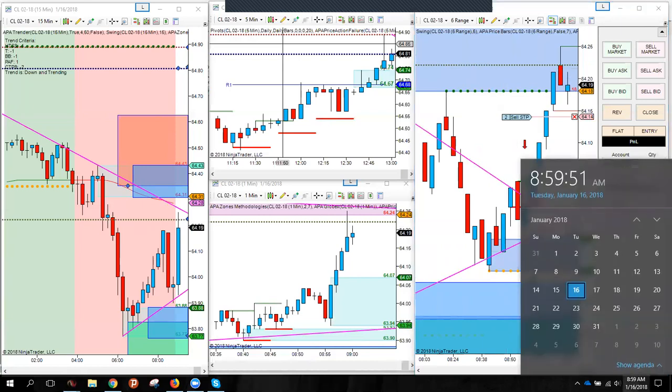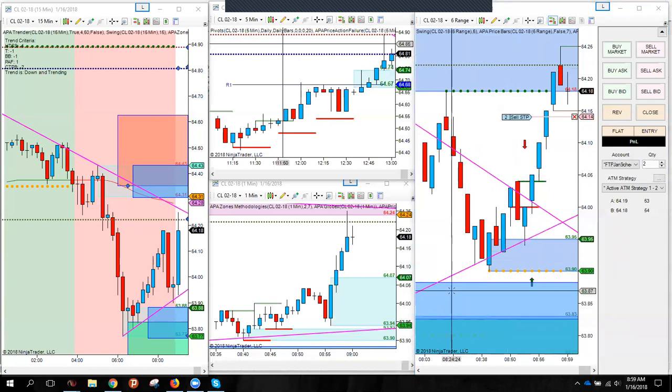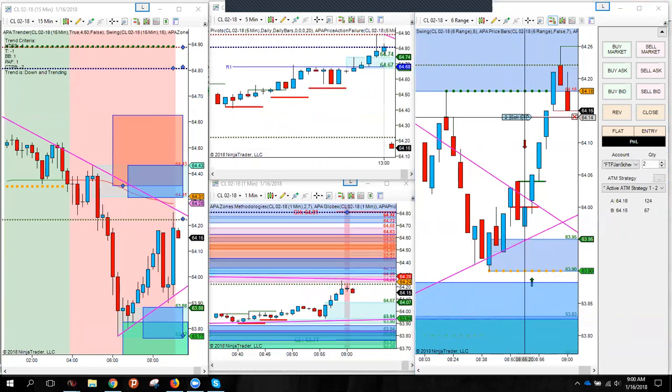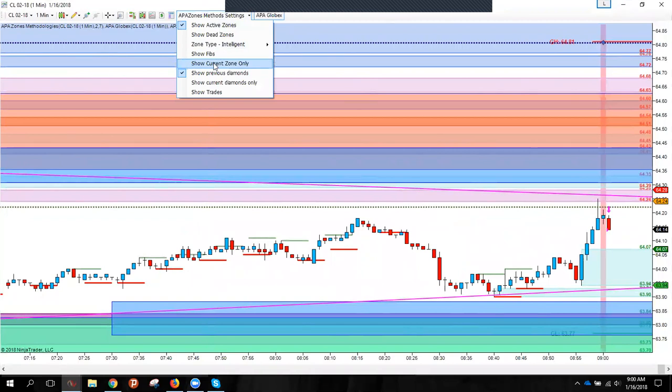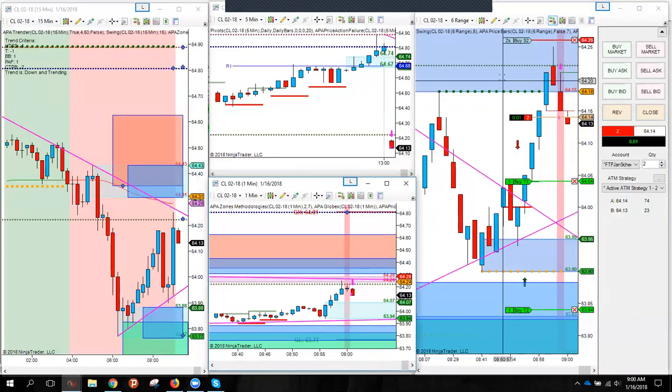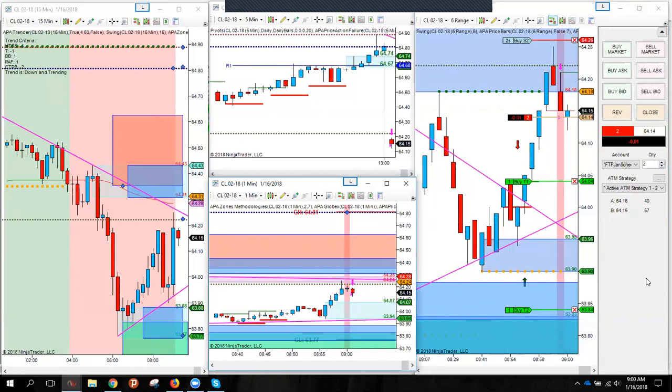Market hasn't opened yet, in about 9 seconds. Looks like it wants to bounce off yesterday's low too.